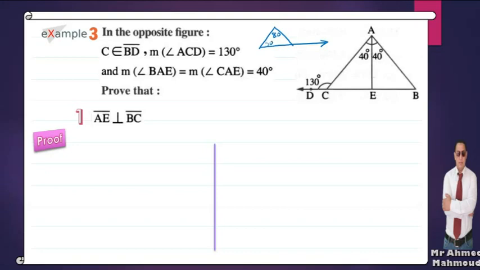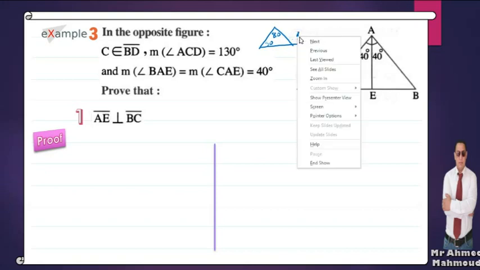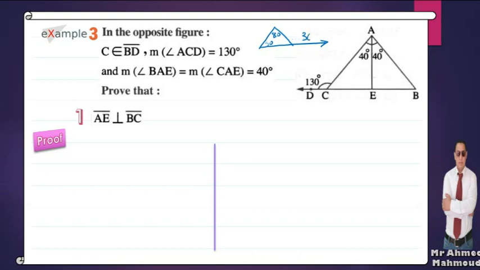Then to find the exterior angle, we add the two interior angles except the adjacent. Then this angle equals 80 plus 50 equals 130 degrees. We can use this concept here.